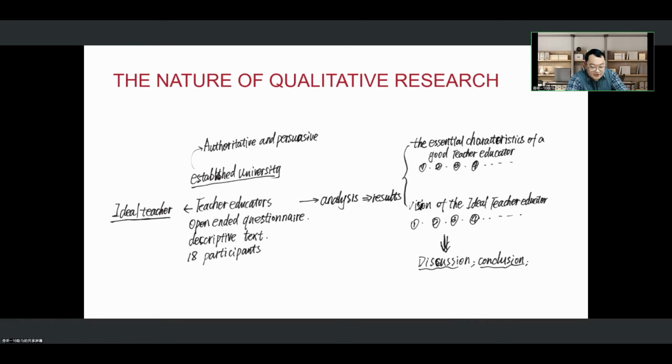They were teachers from famous university in Malaysia, ensuring the credibility and authority of their opinions. Finally, by analyzing the text and description, the characteristics of the perfect teachers are obtained.